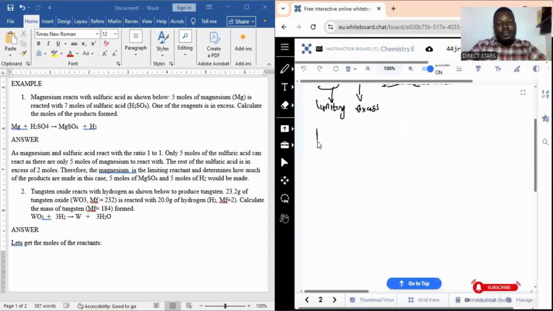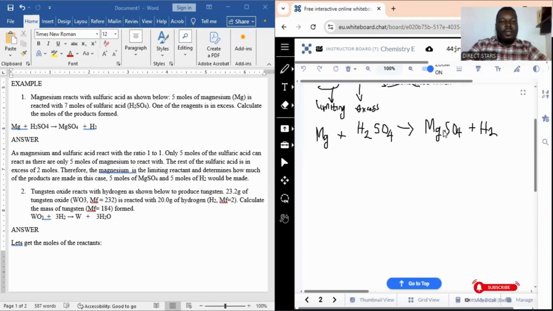That is wrong because in most cases, one may get the wrong answer. So the first thing to do is to identify which of these reactants is the limiting reactant. That will inform us on what amount of product will be formed in this reaction.